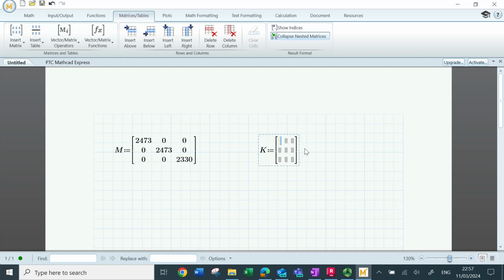The first one is 16, minus 8, 0, minus 8, 16, 0, not 0, but minus 8, 0, minus 8, 8.